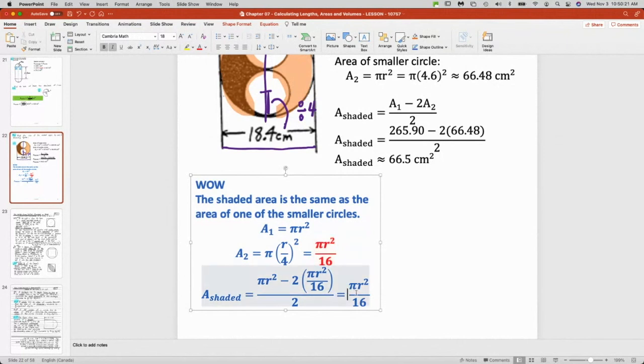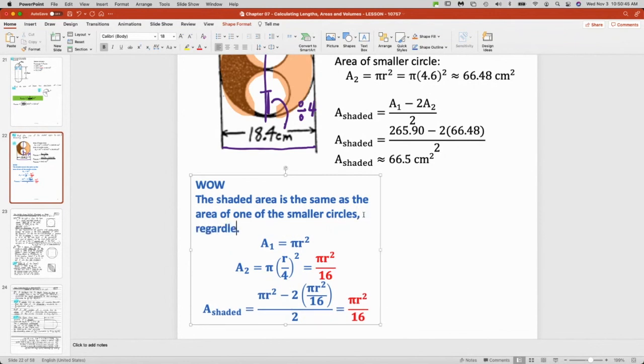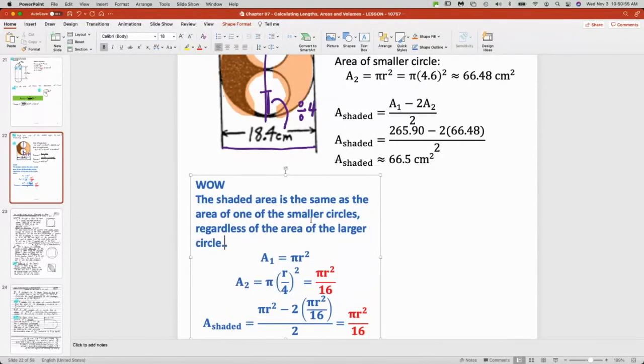I'm not trying to destroy anybody's morning. I'm not trying to mess anybody's day up too much. But if you're curious, that's why it works out like that, okay? See, the area of the shaded region actually ends up being the same as A2, regardless of what the radius of the largest circle is. Actually, regardless of the dimension, sorry, I should say.